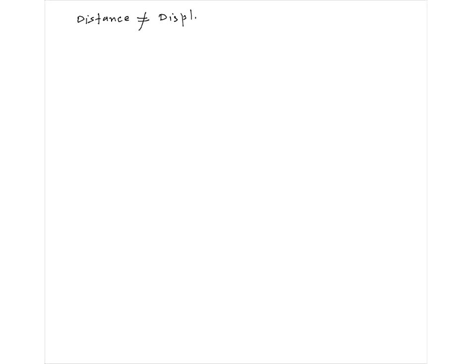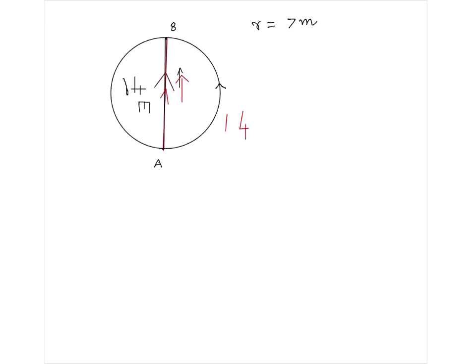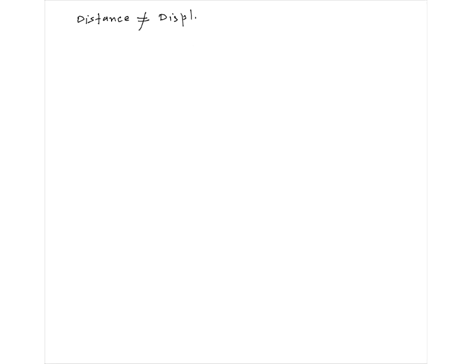Then the answer is that it depends. You saw in this case that distance was never equal to displacement magnitude wise. But sometimes it can be. Say it's a motion in one direction and in one dimension, straight line.